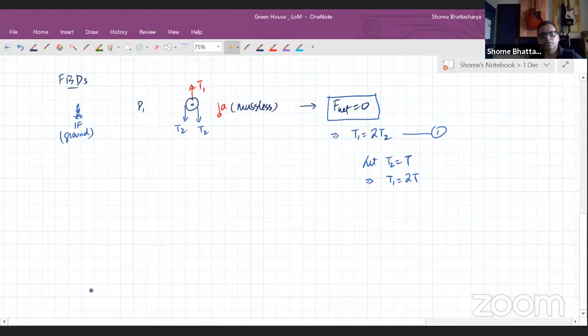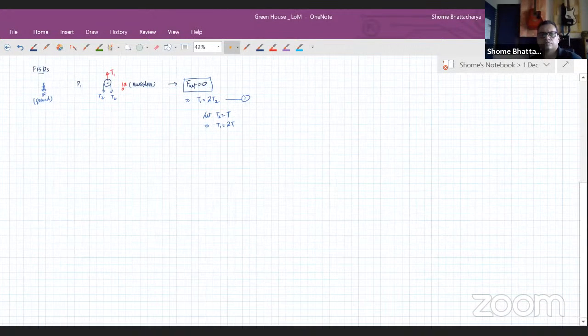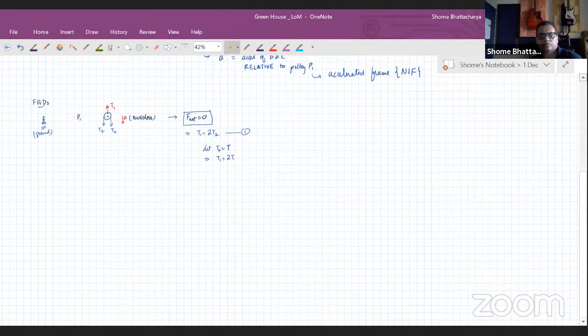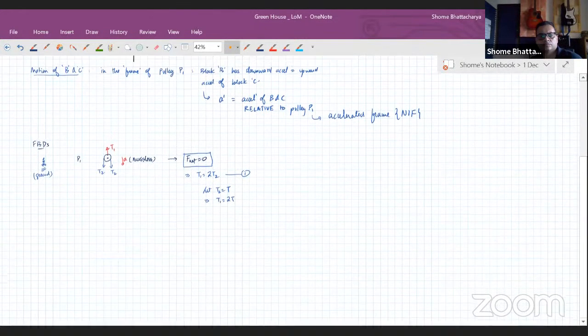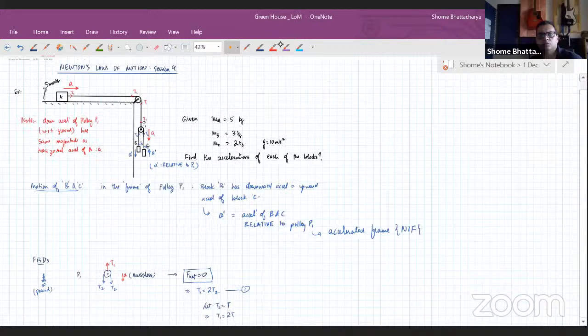Now similarly, next we will make the free body diagram of the block A. Okay, you have not written down the question. Okay, so finish writing down the question first, people. Okay, then we'll move on to the further free body diagrams.